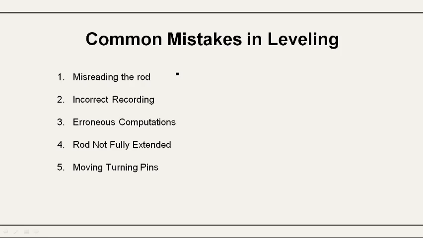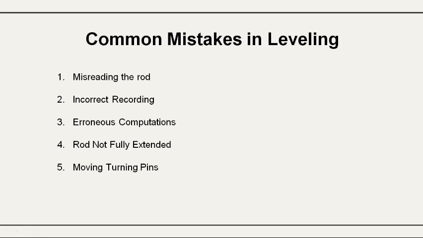The instrument man dictates 1.555, but the recorder types 1.333. Next is erroneous computation, where our computation of the height of instrument as well as the elevations of our stations is wrong.